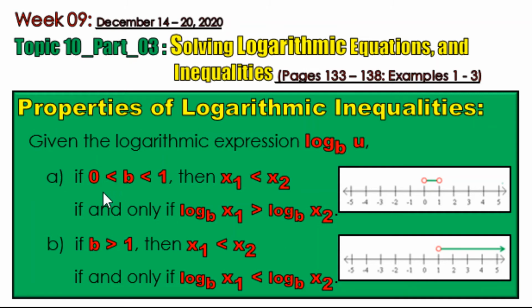If you observe, when b is between 0 and 1, the inequality sign is reversed, while for b greater than 1, the inequality sign remains the same. For more of this, we will be discussing some examples.